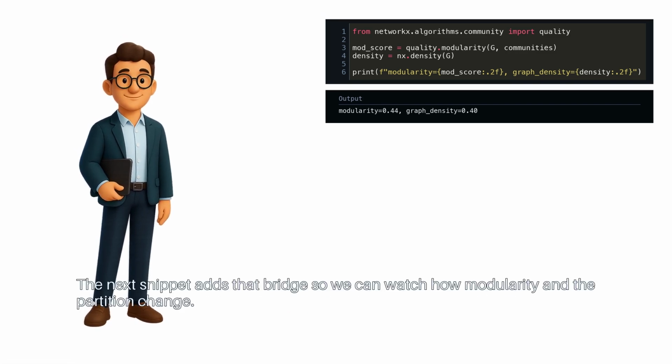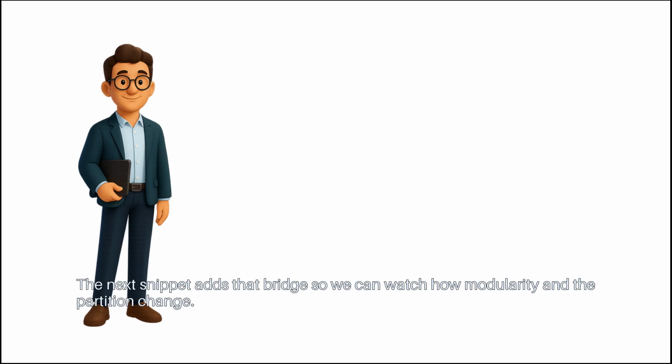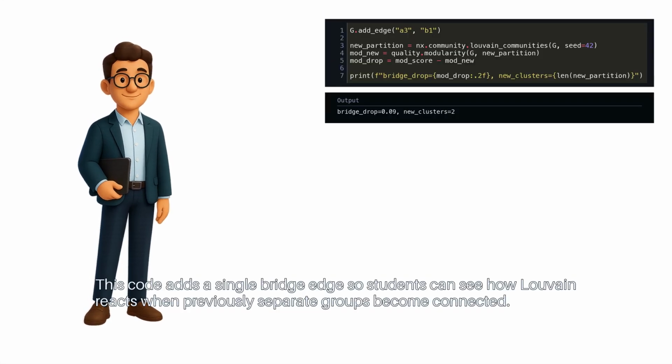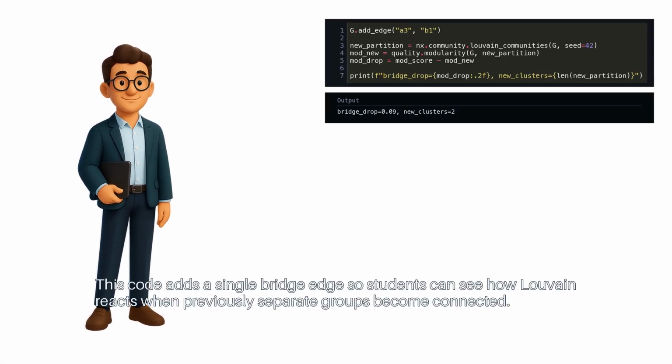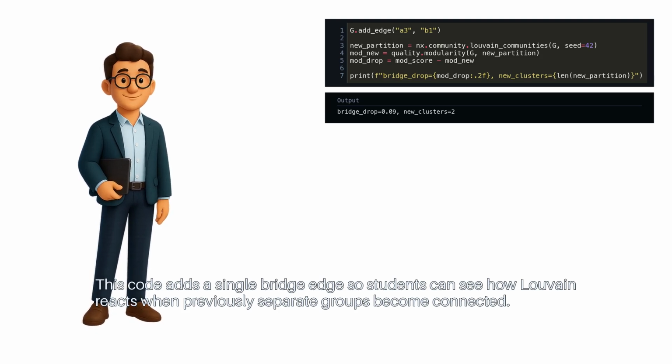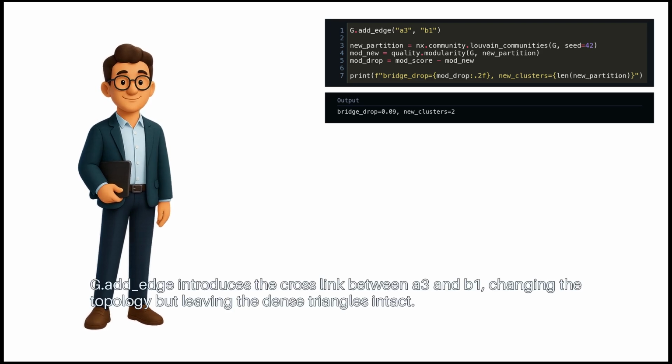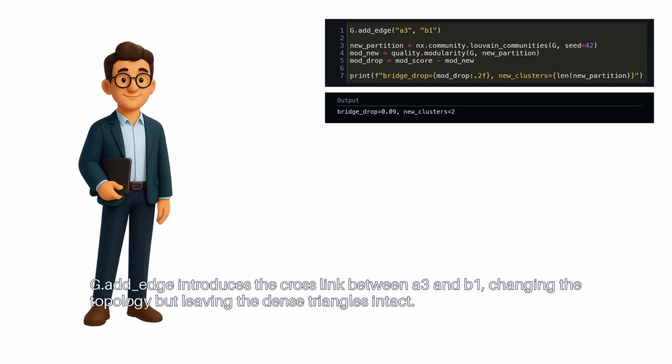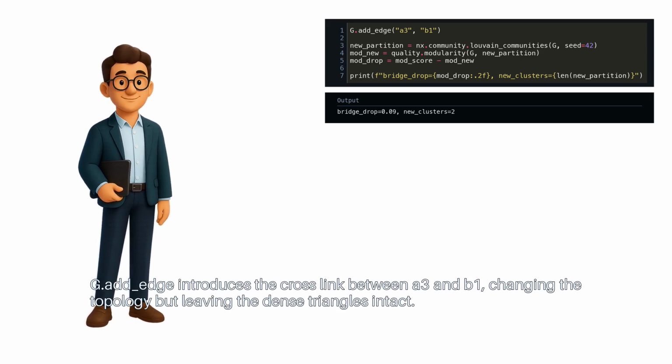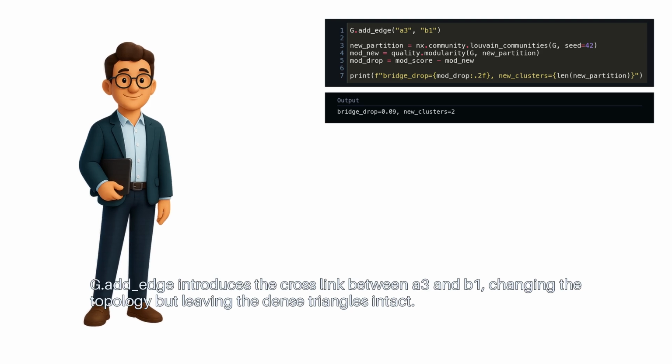The next snippet adds that bridge so we can watch how modularity and the partition change. This code adds a single bridge edge so students can see how Louvain reacts when previously separate groups become connected. G.add_edge introduces the cross-link between A3 and B1, changing the topology, but leaving the dense triangles intact.